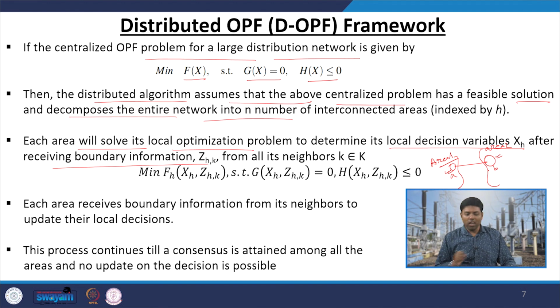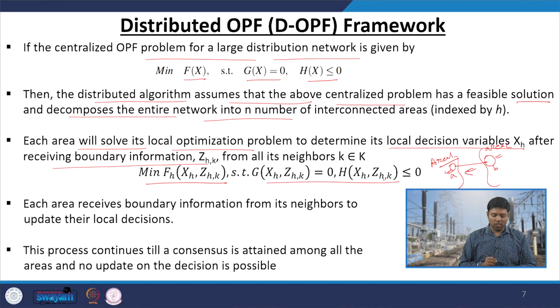Similarly, you cannot calculate V_B if you do not know the voltage or power at bus A. So, these global variables have to be shared, and then after the sharing you will solve the local optimization problem to get your optimal decisions.